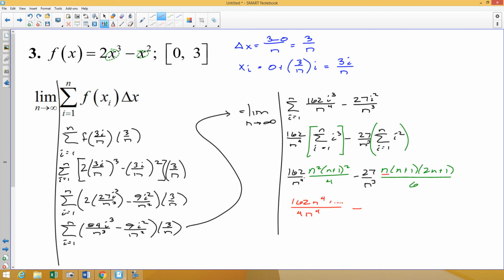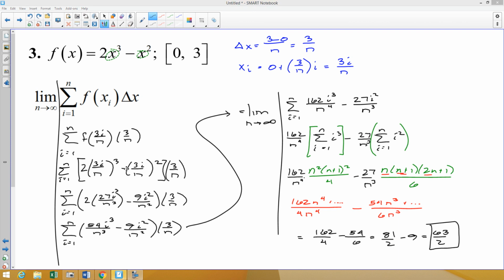I'm only multiplying out the high power terms. That would be 54 n cubed, and there will be some other stuff that I don't care about, all over 6n cubed. And so finally, when you divide those leading coefficients, we get 162 over 4 minus 54 over 6, which reduces to 63 over 2.